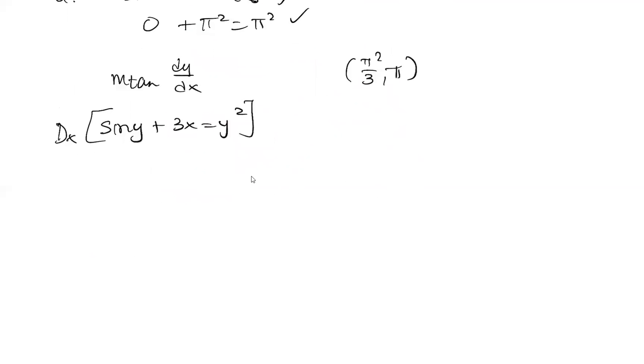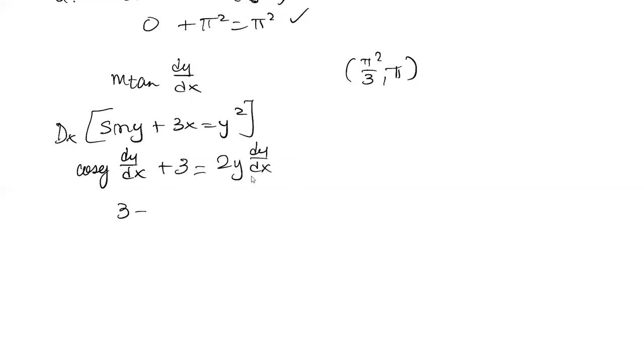The derivative of sine y is cosine y, dy/dx, plus the derivative with respect to x of 3x is just 3. And the derivative with respect to x of y squared is 2y times the derivative of y with respect to x.